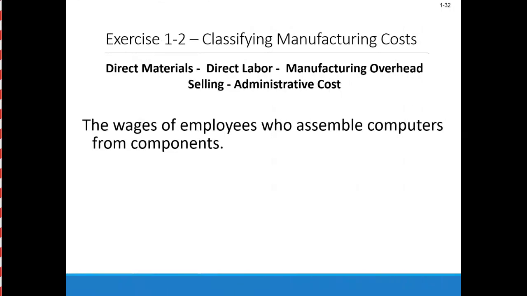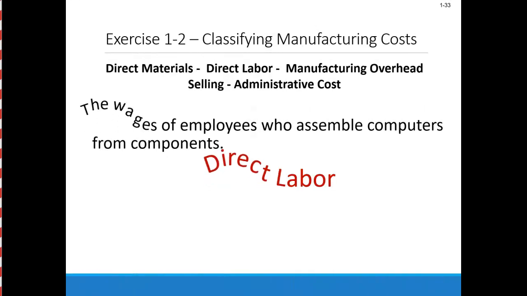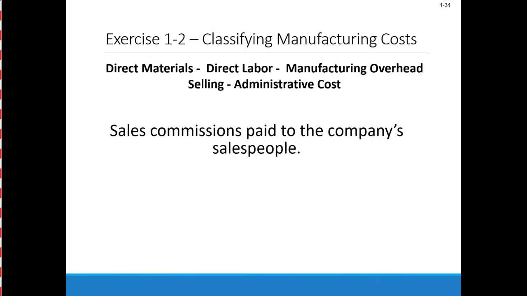Next, the wages of employees who assemble computers from components. What would that be, guys? Don't you think it's direct labor? Okay, next. Sales commissions paid to the company salespeople.